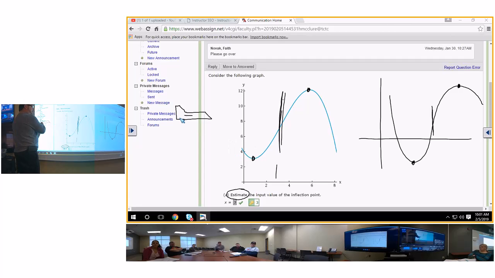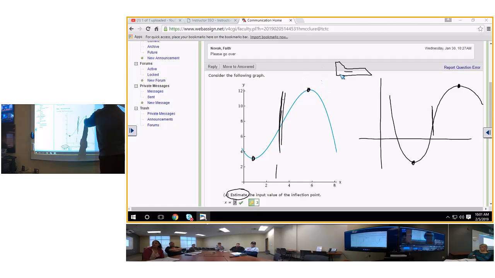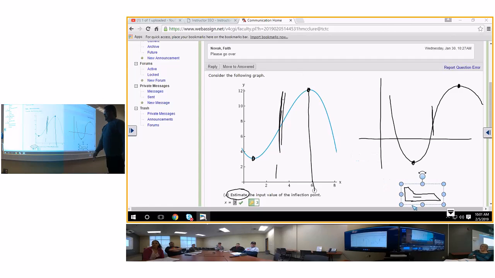So it's decreasing from negative infinity to, what is that, 1? And then it's increasing from 1 to what? 6 maybe? I can't see because of the angle. Is it 6? Yeah, to 6. And then what is it doing now? It's decreasing from 6 to what?